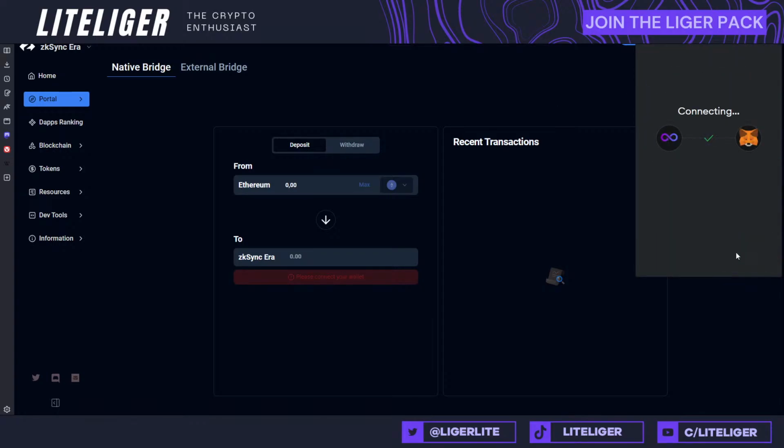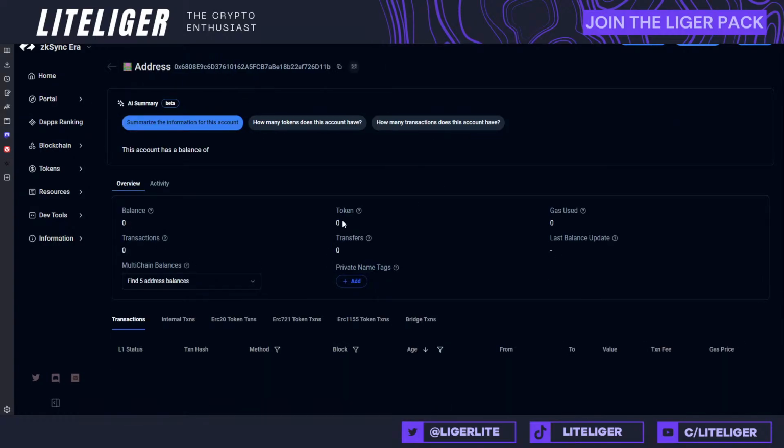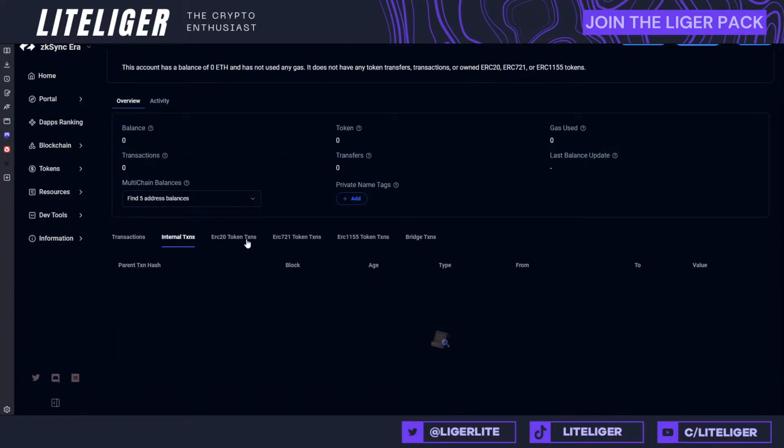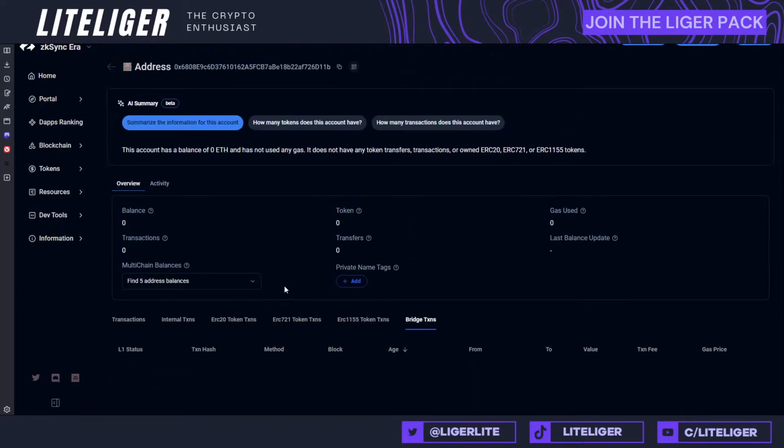So there's that. Let me search my address. Let's see where we're at. Transactions, no balance. Internal, ERC20, ERC721, okay. No, nothing on here on the bridge side of things.